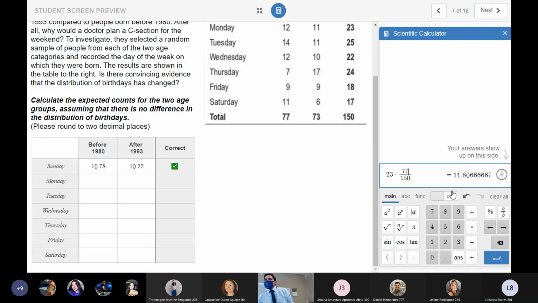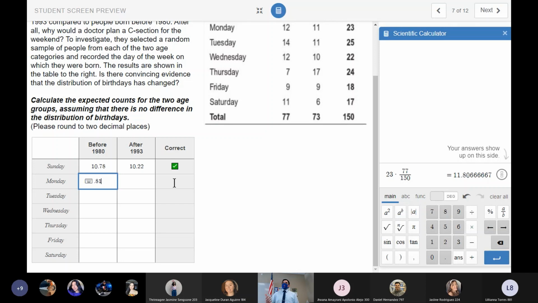When I round to 2 decimal places, that rounds to 11.81, not 11.80. You need to use proper rounding rules, right? If the value to the right of where you're rounding to is 5 or more, you round up to the next value. If it's less than 5, you just keep that value there.